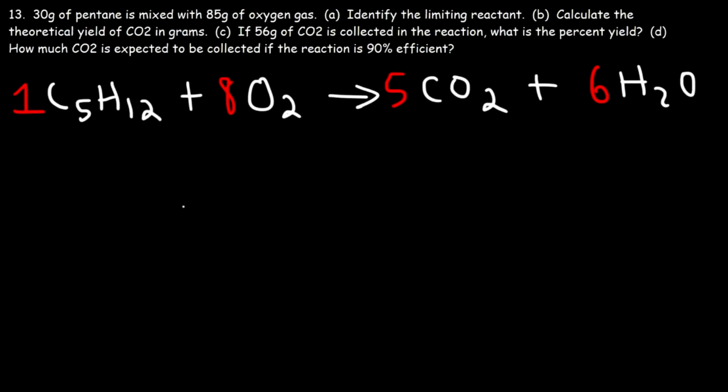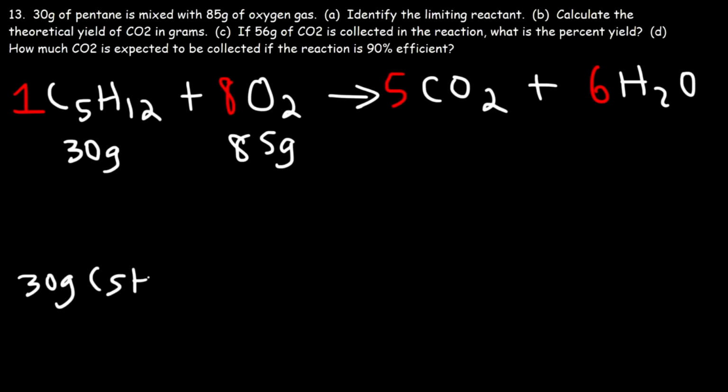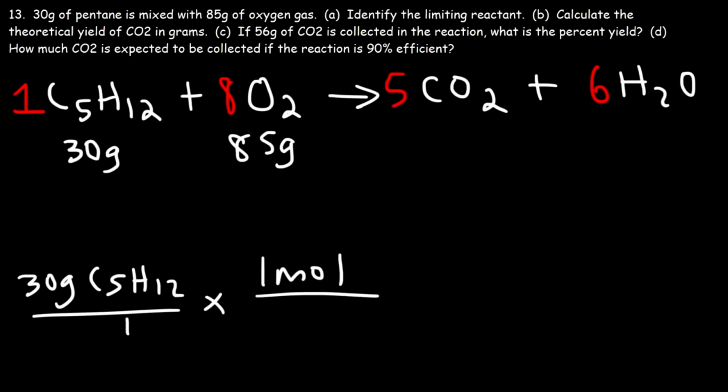Now let's identify the limiting reactant. So we have 30 grams of pentane mixed with 85 grams of O2. Let's calculate the moles of each substance. Now we need the molar mass of pentane. That's going to be 5 times 12.01 plus 12 times 1.008.